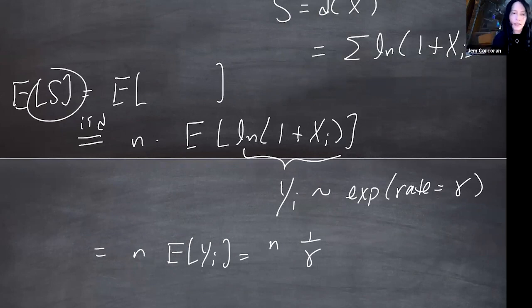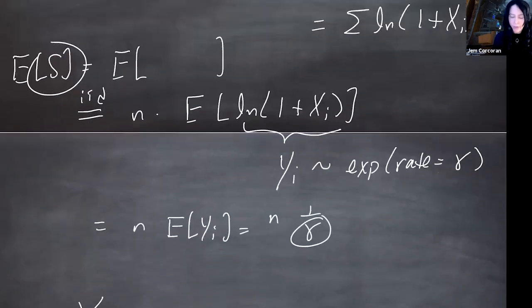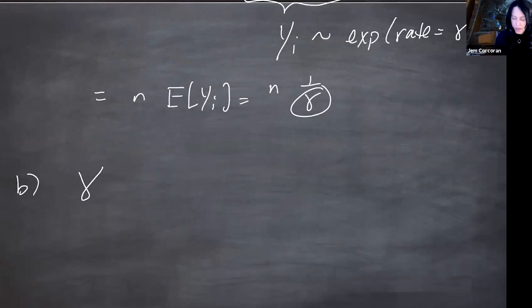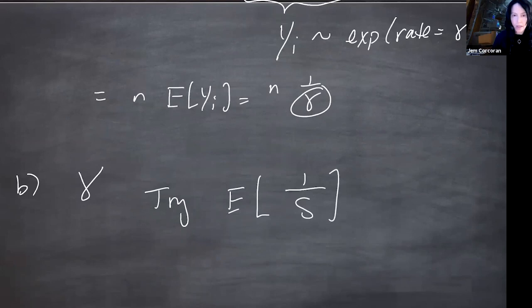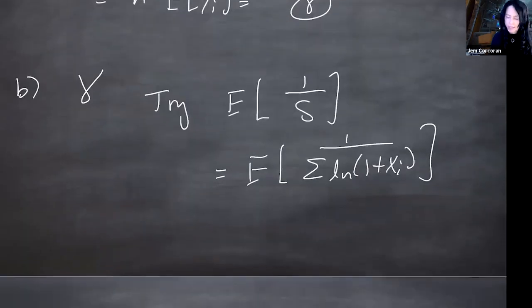So that one's nice. And then for part B, the UMVU for gamma, because the gamma was in the denominator, I would try flipping the sufficient statistic and using the same trick we always do. So this is the expectation of 1 over a sum of logs, and saying that the log is exponential.